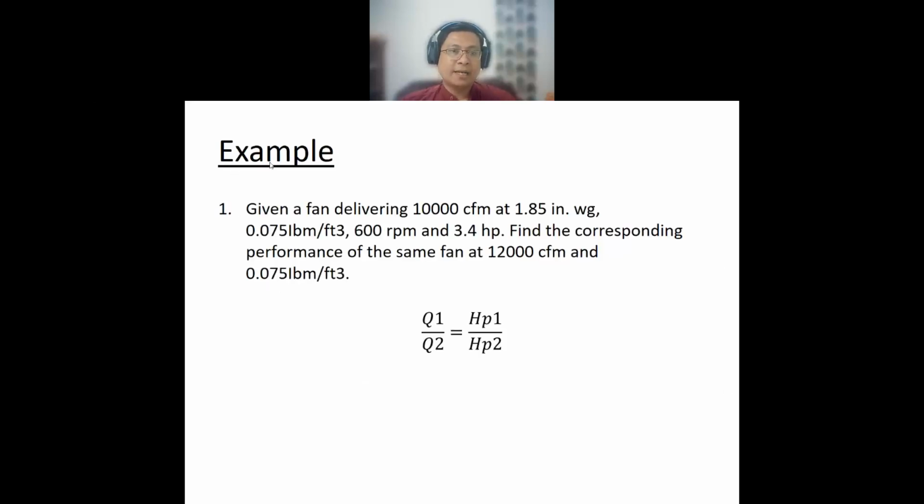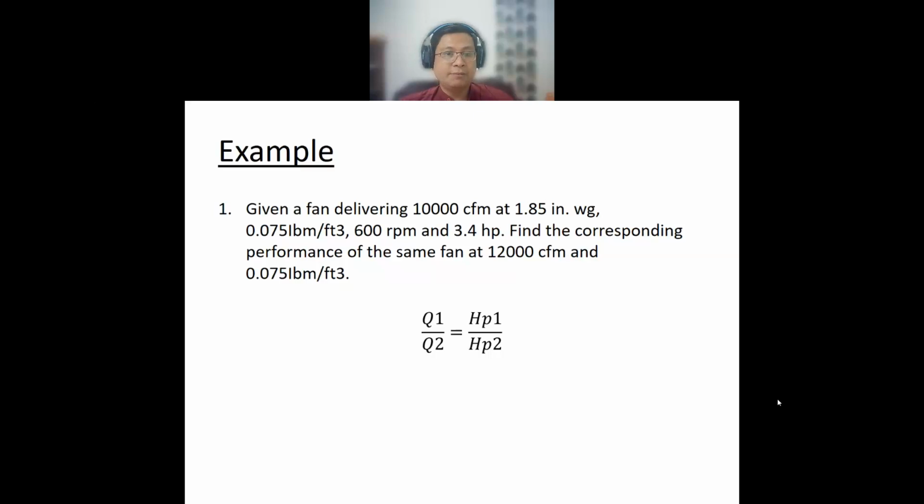Okay, we have an example here. Given a fan delivering 10,000 CFM at 1.85 inch water gauge. This property is the density, mass over volume is density, and then the RPM is 600, and horsepower is 3.4.